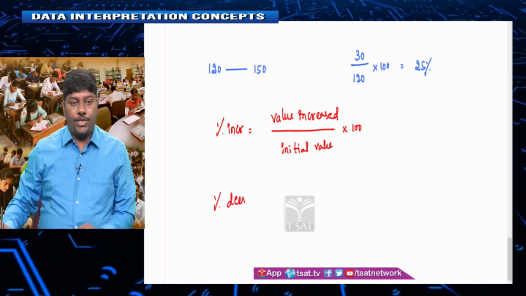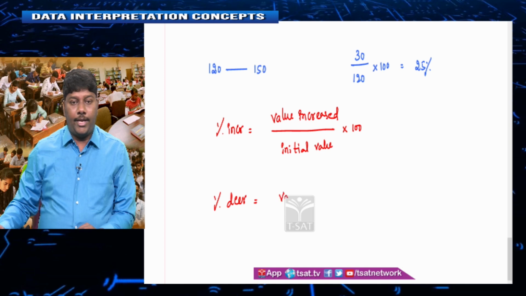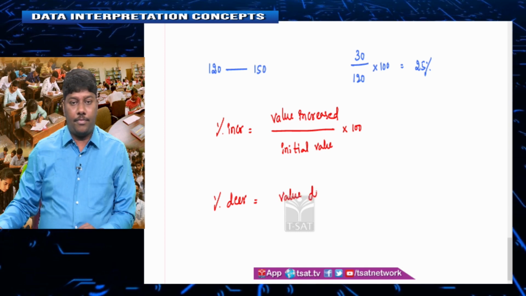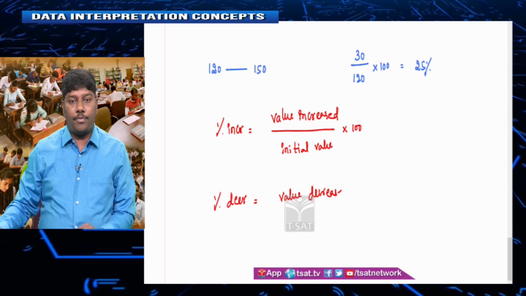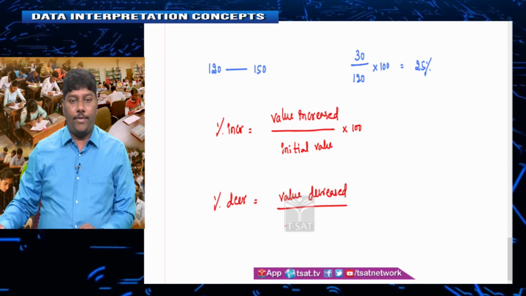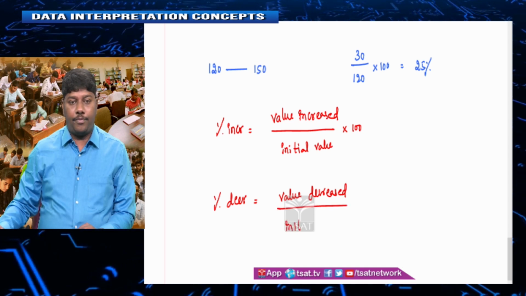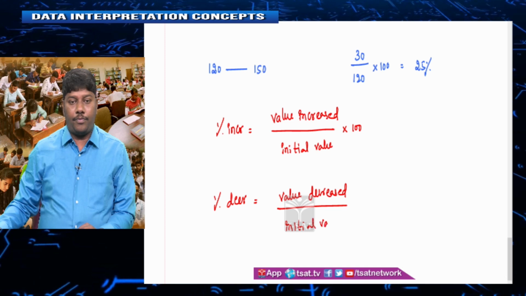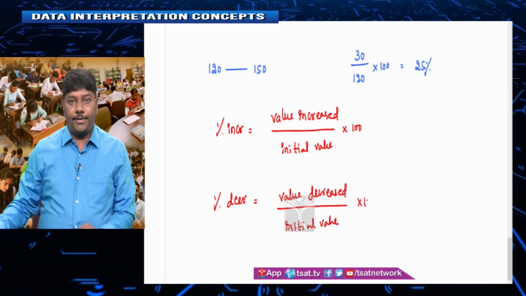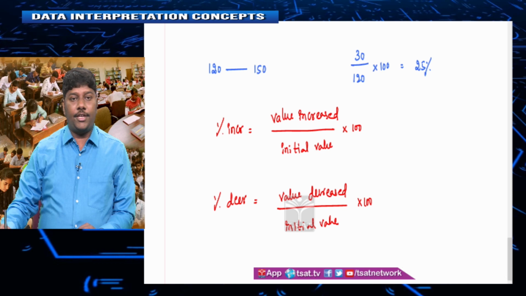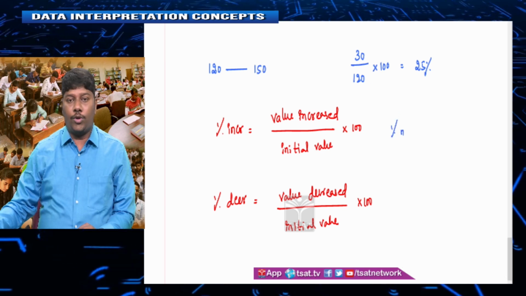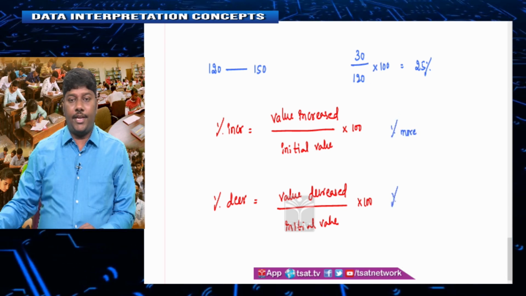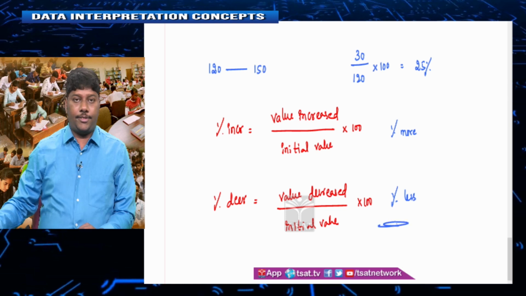Percentage decrease also, you take the value decreased by the initial value, into 100. Percentage increase is the same as percentage more. Percentage decrease is the same as percentage less.